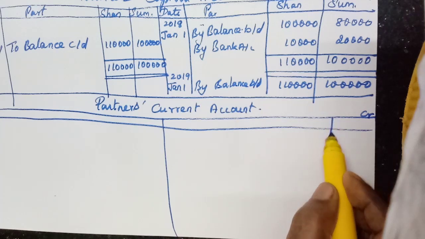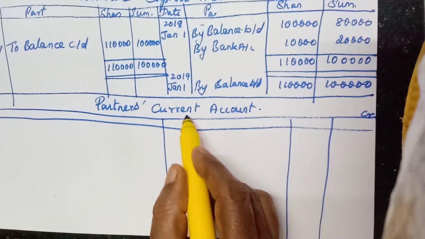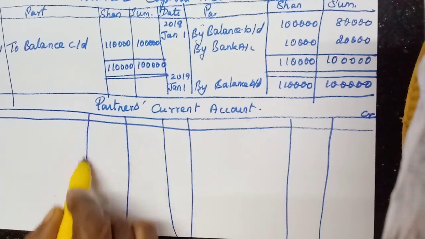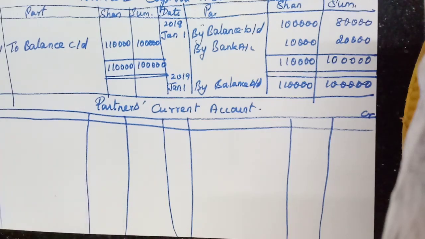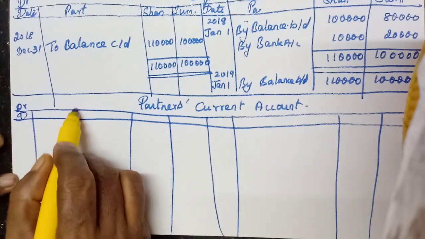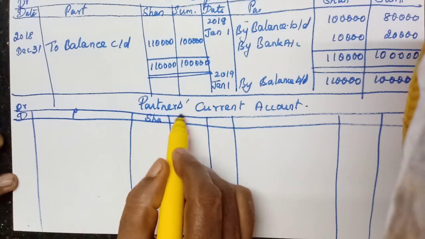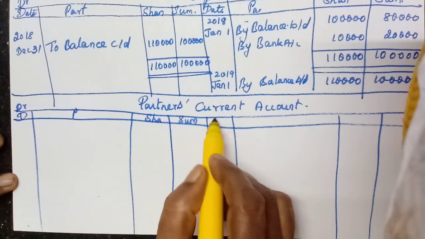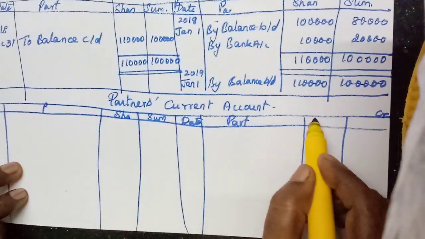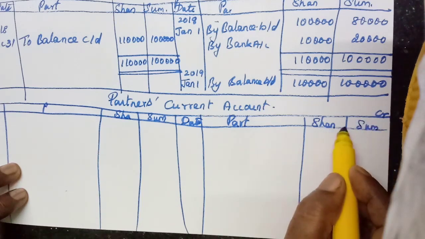Then two partners, 1, 2, and for the date also. Date, particulars, Shanti, Sumati, again date, particulars, Shanti, Sumati. Then rupees also you must write.